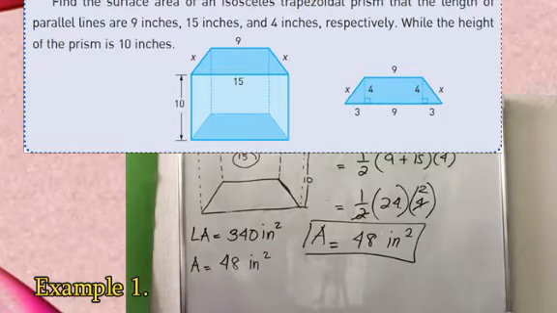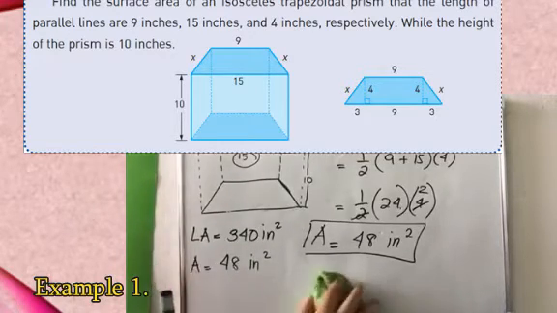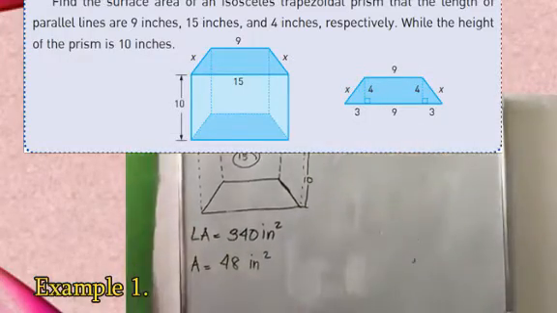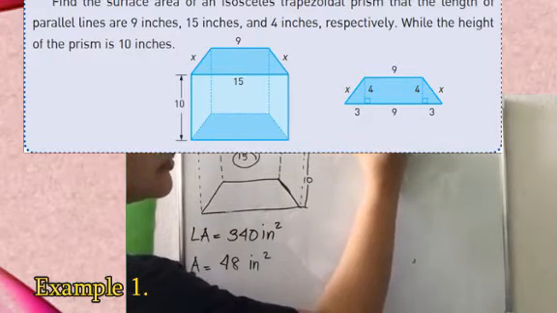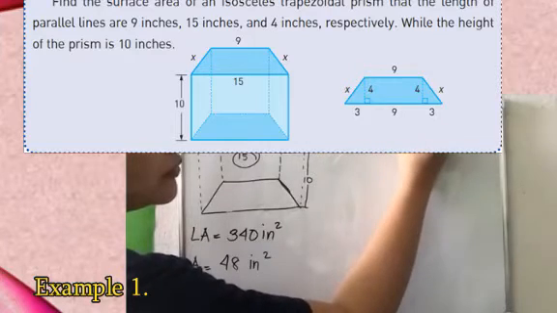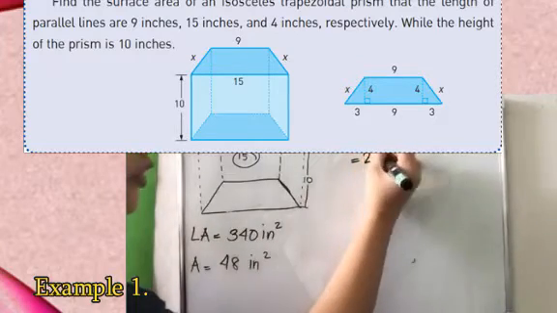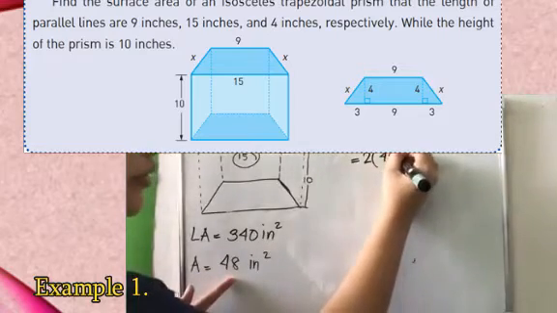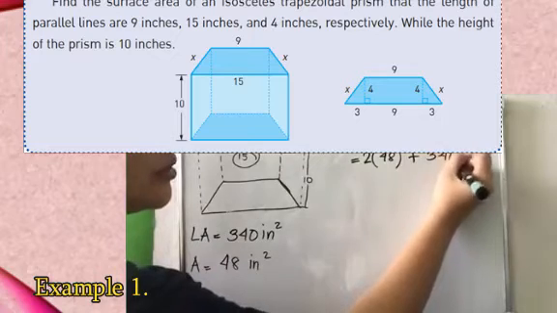Alright, so we have the lateral area and the area of the base. Let's try to solve for the surface area. The surface area is equal to 2 times the area of the base, which is 48, plus the lateral area, 340.